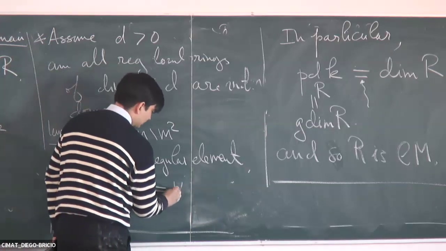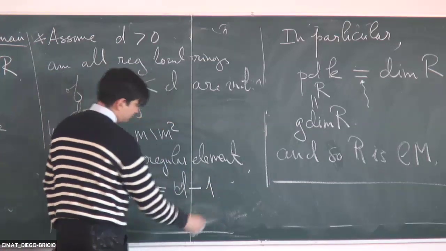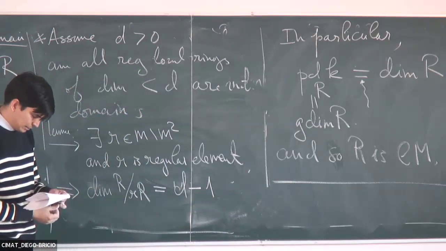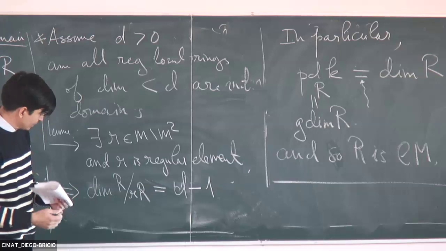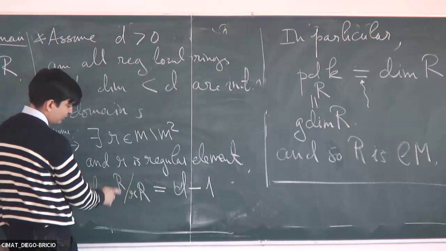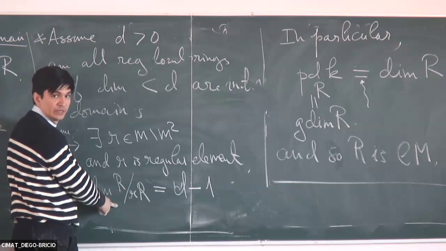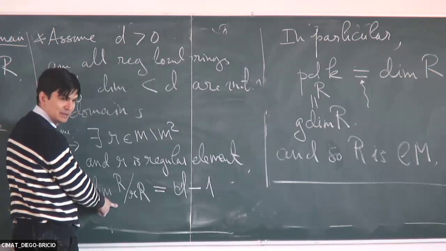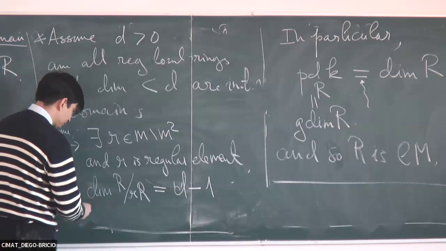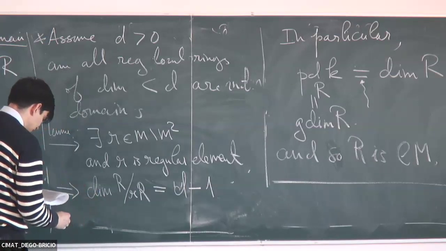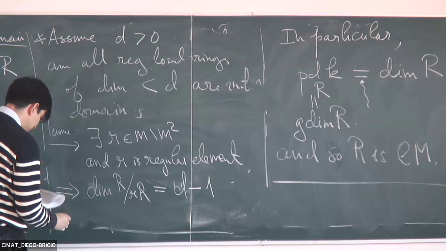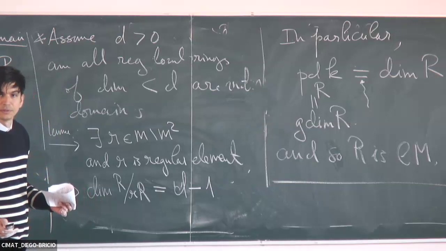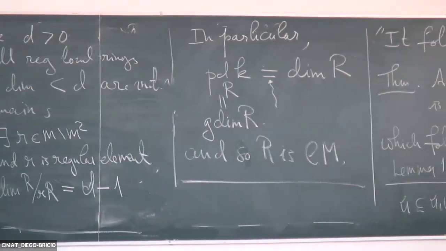So the dimension of this ring is d minus 1. But this is also a local ring, right? A quotient of a local ring is a local ring. And what is the minimal number of generators?